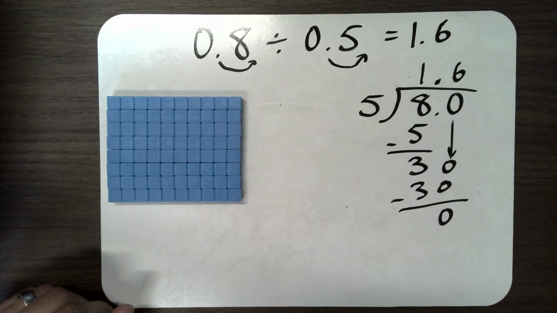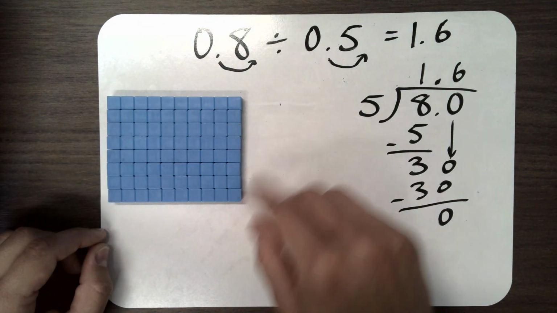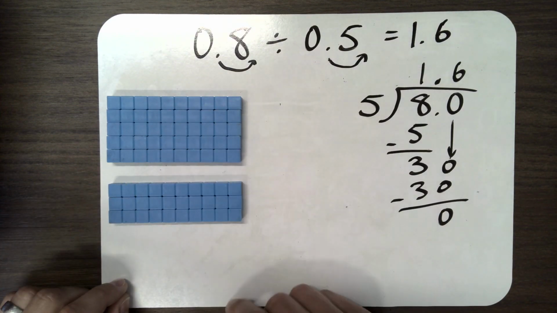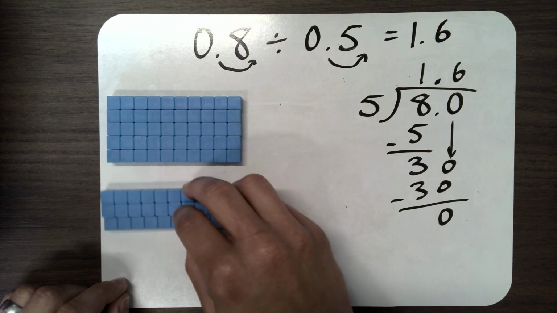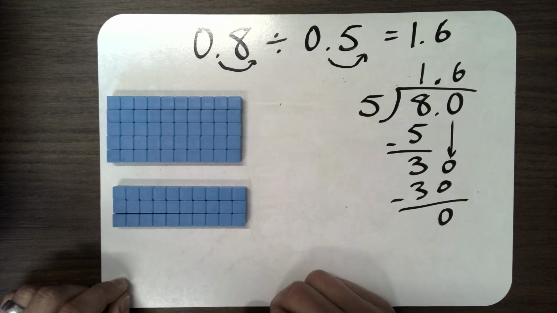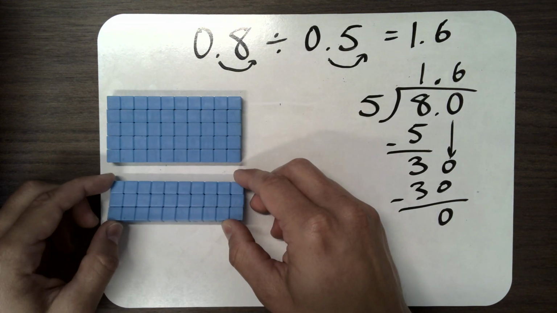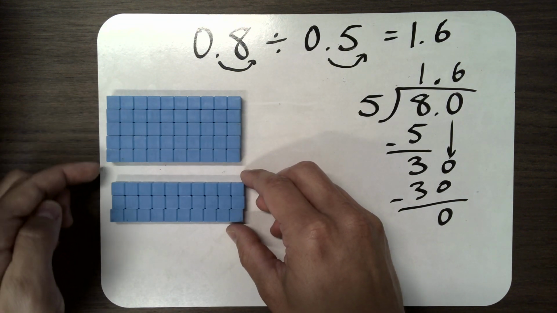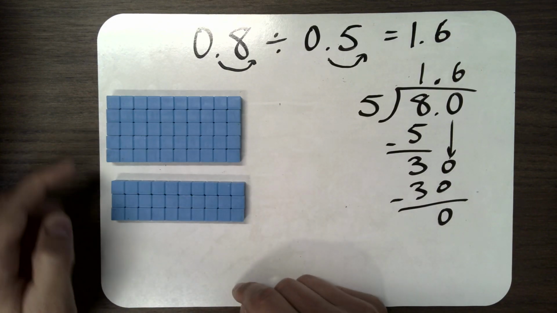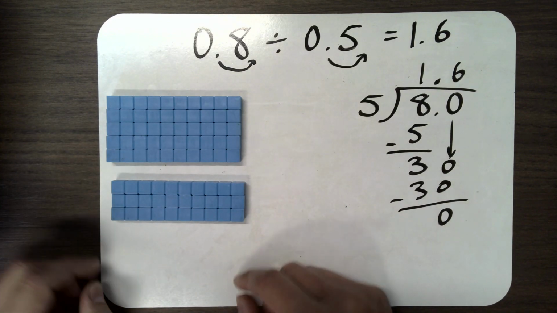Okay, so we have 8/10 shown here. I'm going to create groups that have a size of 5/10. So I can make one group that has a size of 5/10, and then I want this to be represented in terms of groups that have a size of 5/10. Essentially what I need to do is restructure these hundredths here so that I have 5 total rows.